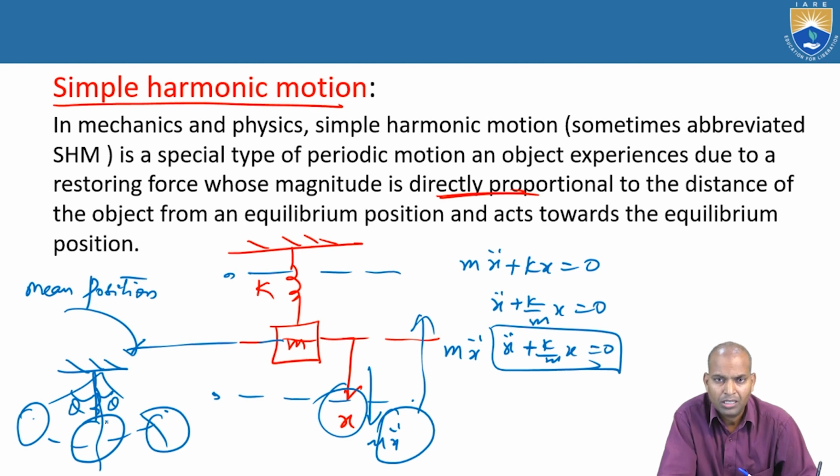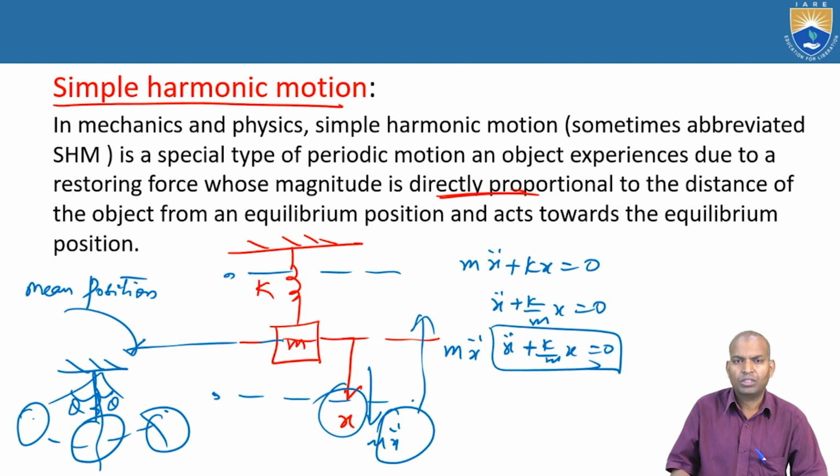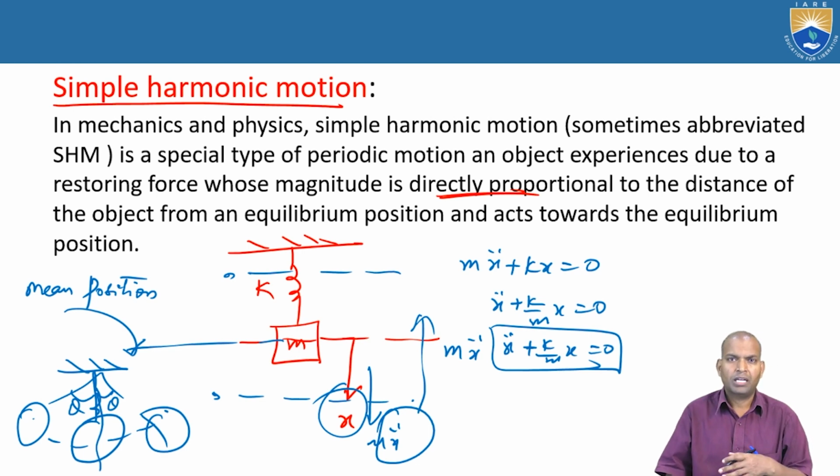Here also, this simple pendulum satisfies the two conditions: the restoring force is always directly proportional to the displacement, and it always acts directed towards the mean position. That's why this simple pendulum is under simple harmonic motion.